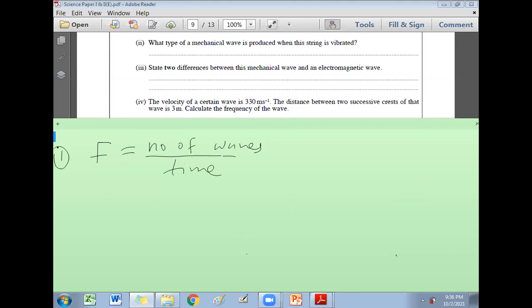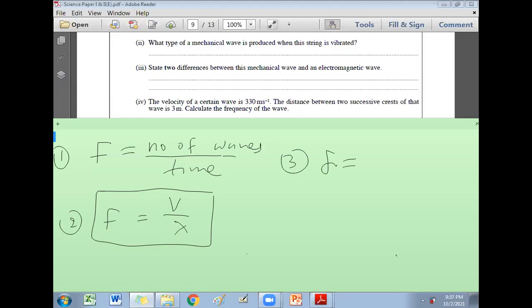Second one, V equals F lambda. Lambda equals V divided by frequency, frequency equals V over lambda. That is the second equation. Third equation to calculate frequency, frequency equals 1 over time period. These are the 3 equations.